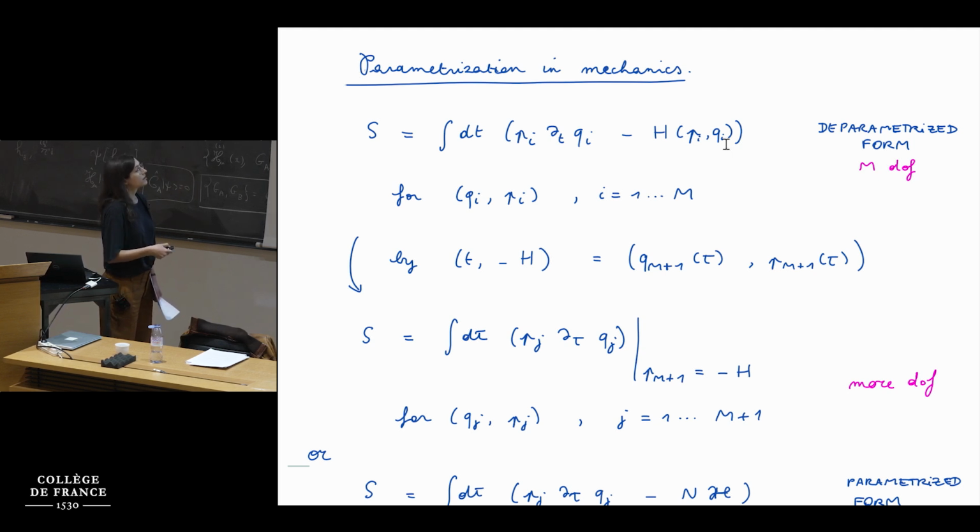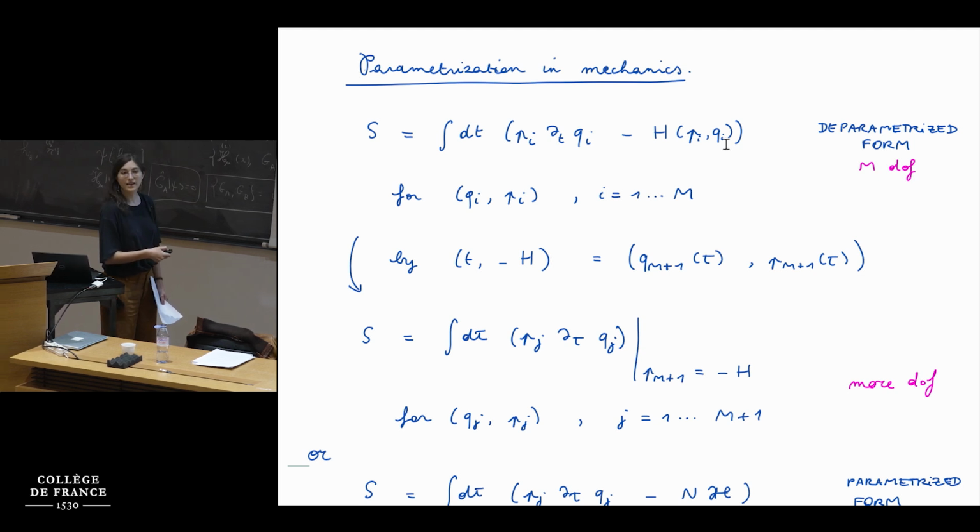Good. The thing to remember in this notation is the identification of this extra momentum as the Hamiltonian. There are two ways to remember that. In this line, I explicitly wrote it as a condition.